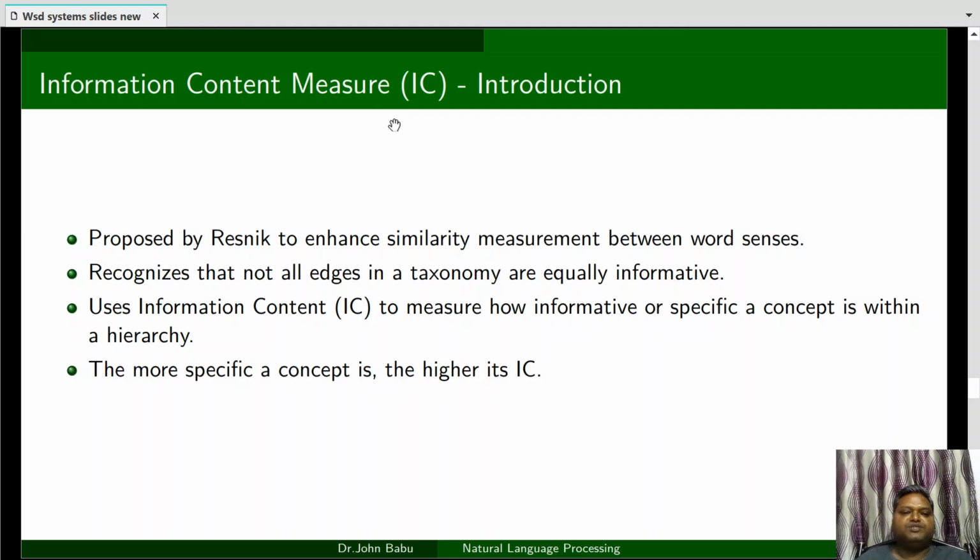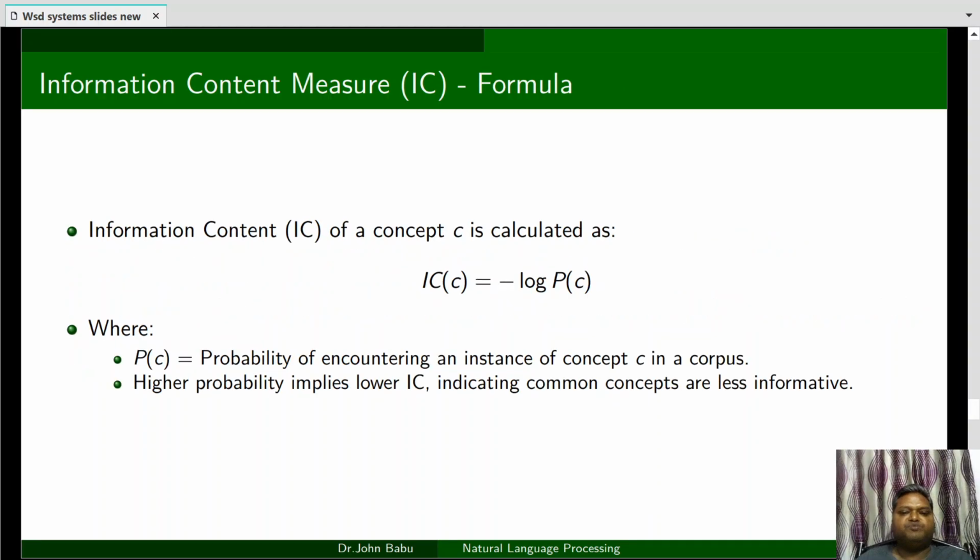If 5 are positive and 5 are negative out of 10, then we cannot take any decision. The entropy is more. A similar measure is the information content measure, calculated by the same formula that we used for entropy, minus log P(C), where P(C) is the probability of encountering an instance in the corpus, how many times it has occurred.